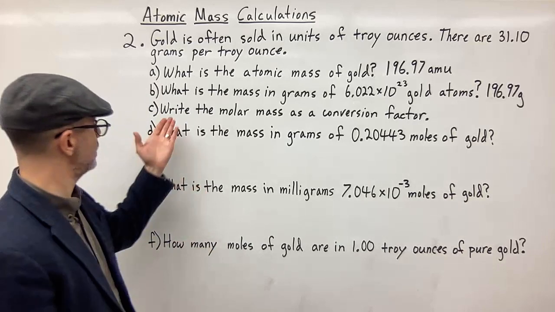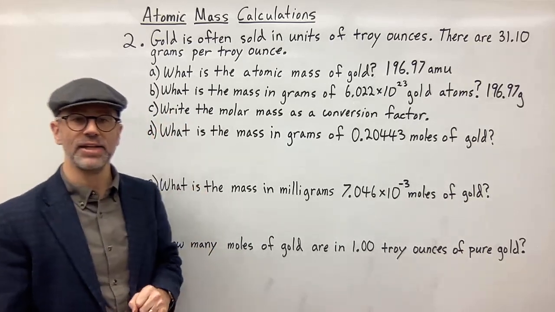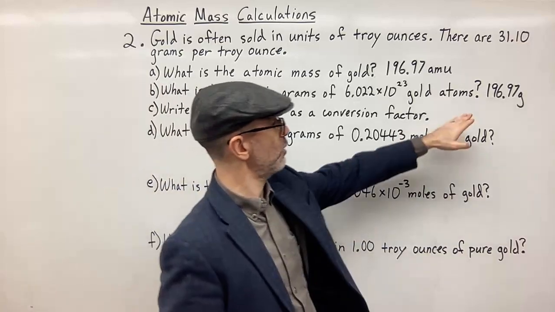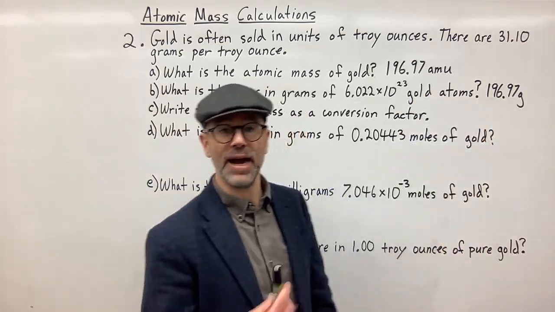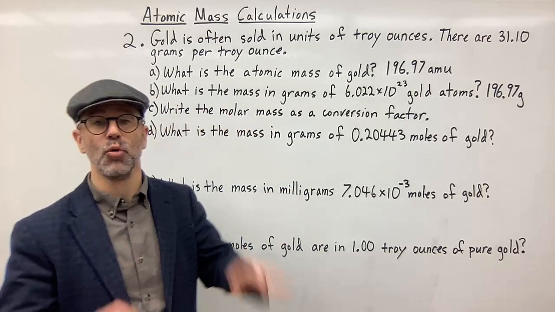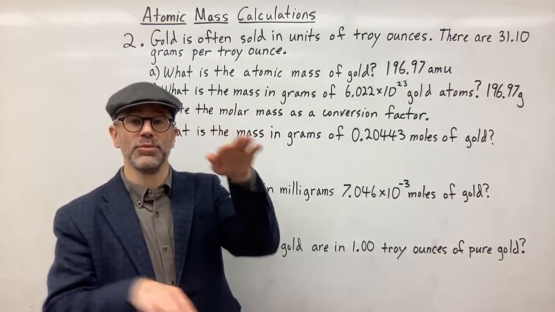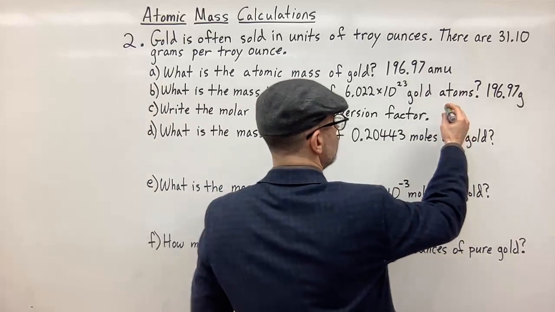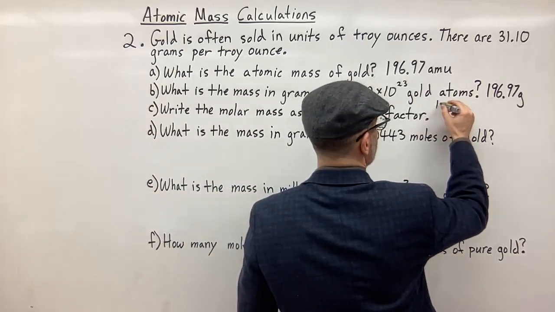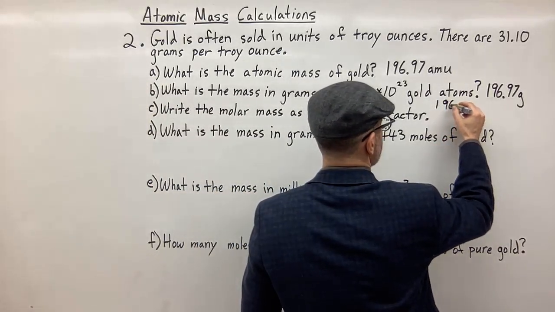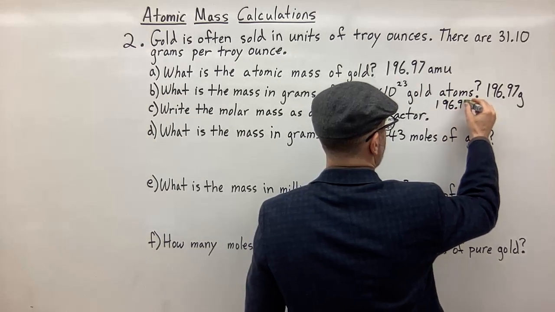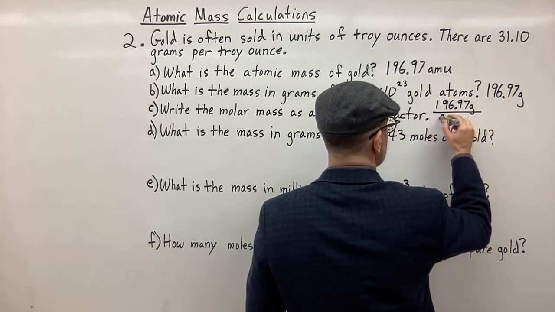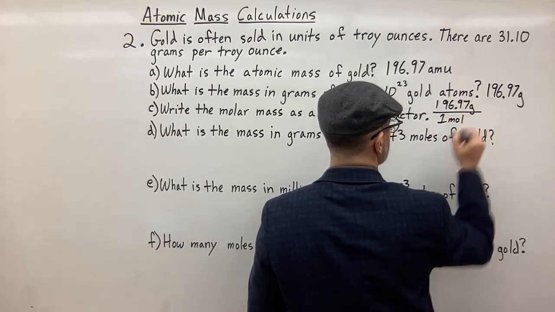Okay, C, write the molar mass as a conversion factor. Well, this is the number of grams for 1 mole. If I was to write that as a conversion factor, then I'm writing it as a ratio of grams over moles, or moles over grams. So this is one way you can do it: 196.97 grams over 1 mole.